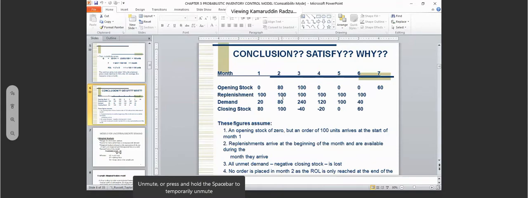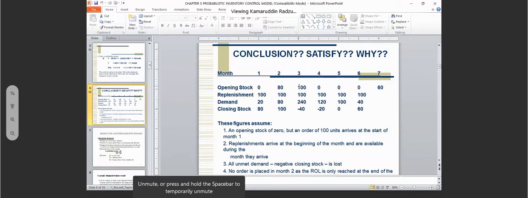So the total inventory that we will have in the storeroom will be 180, and we only use 80 units to fulfill the customer demand, and we have a balance of 100 units at the end of the second month. So this 100 units we bring to the third month.